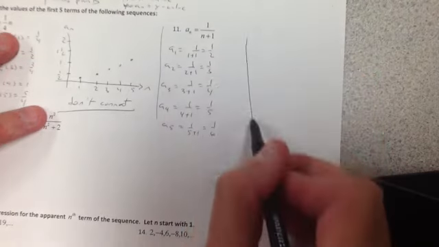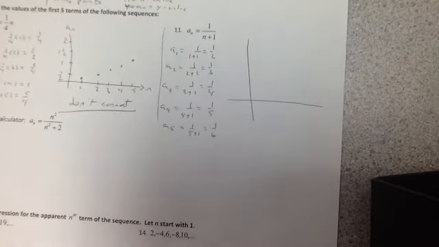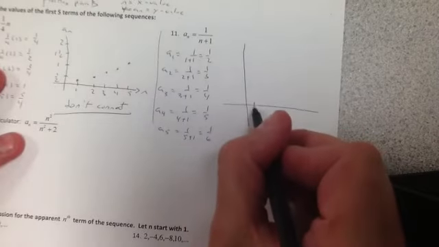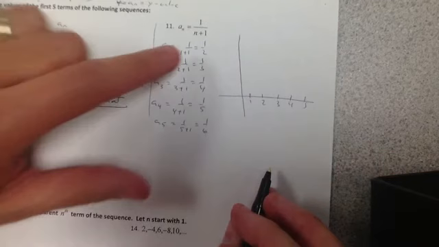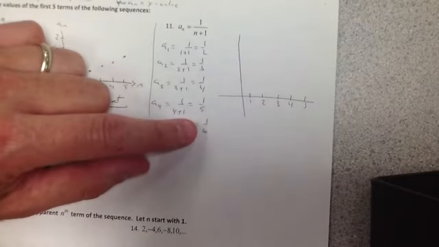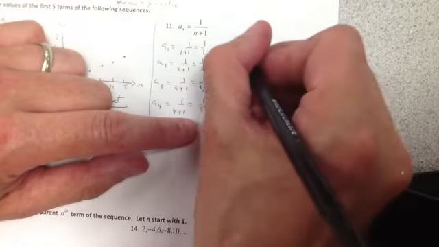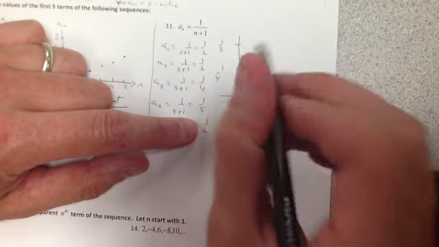So if I sketch this one, now if you notice, this graph is a rational function. So we should get something that looks rational, at least for a little bit. 1, 2, 3, 4, 5. And if I graph this, be careful, 1/2 is my biggest, I go down to 1/6. So I'll go here at 1/2, okay? And I'll put 1/4 in the middle, okay?